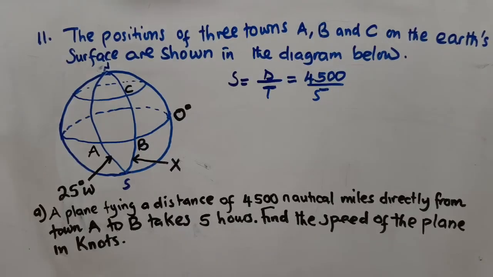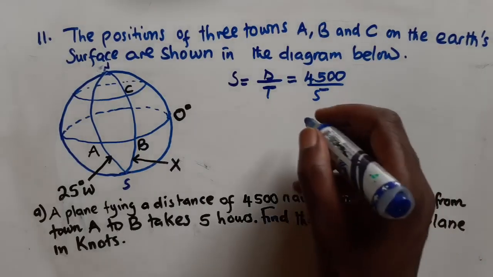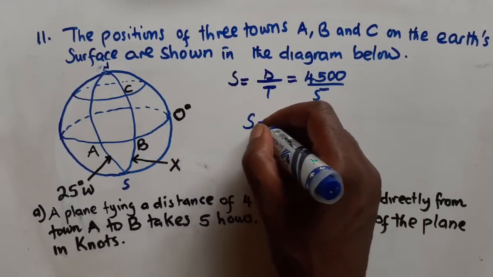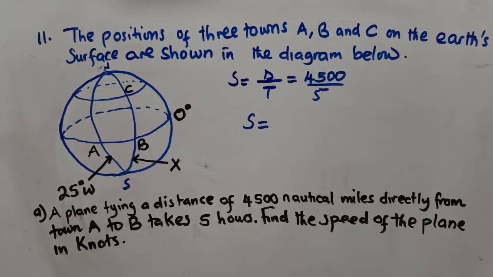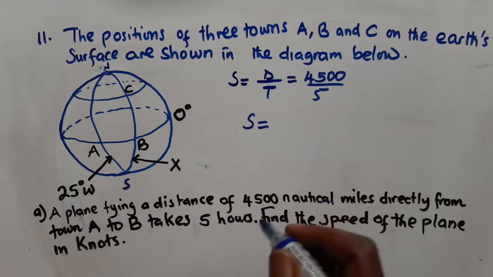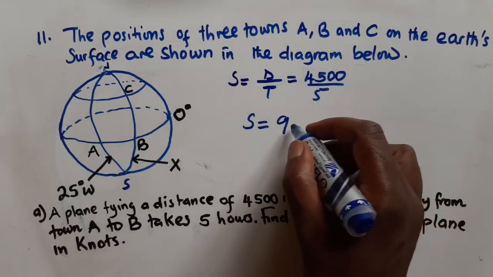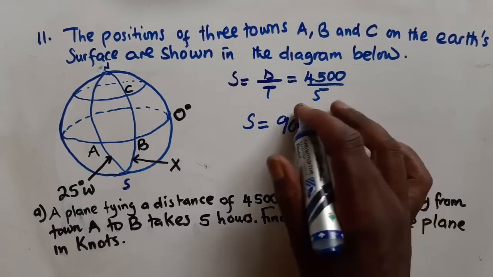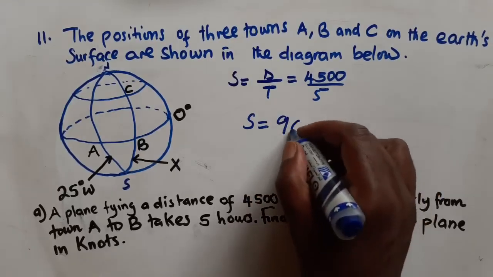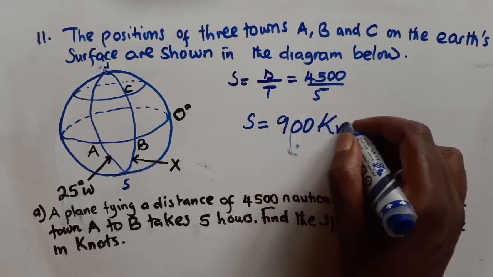The time taken was 5 hours. So let's divide. What is our speed? Our speed is 900. So 900 knots.